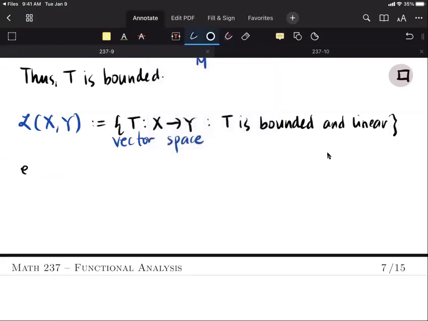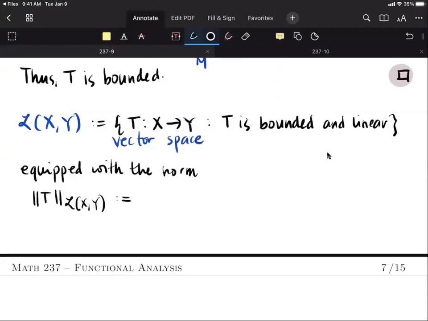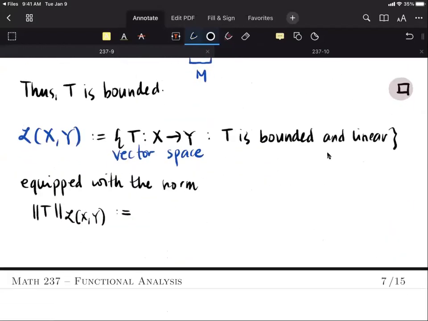And for this vector space, we equip it with a norm. So for a bounded linear operator, say T, in L(X, Y), we take the least upper bound M in the definition.